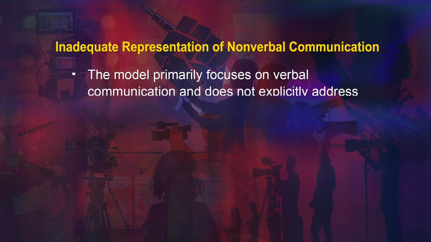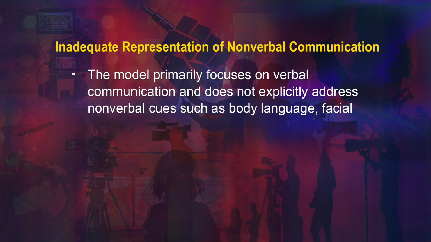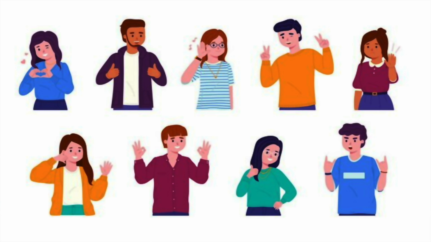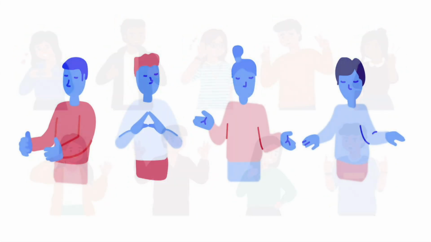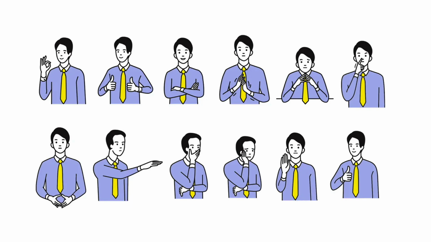The model primarily focuses on verbal communication and does not explicitly address nonverbal cues such as body language, facial expressions, and tone of voice. Nonverbal elements play a crucial role in conveying meaning and can significantly impact the communication process.